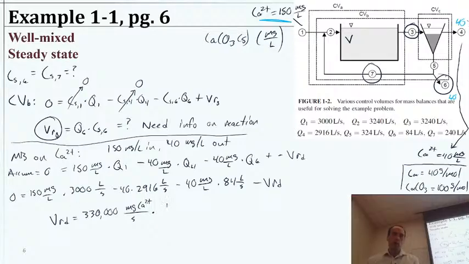We're going to put that into molar units times 1 mole Ca2+ per 40 grams Ca2+. Then we can convert that over by multiplying by 100 grams of CaCO3 solids per 1 mole.